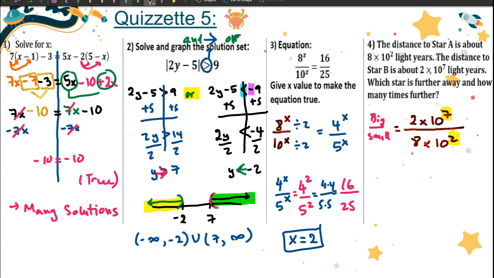Now, if we use the quotient rule, which is 10 to the 7 divided by 10 to the 2, we can subtract the exponents. That would be 7 minus 2, which is 10 to the 5th power.